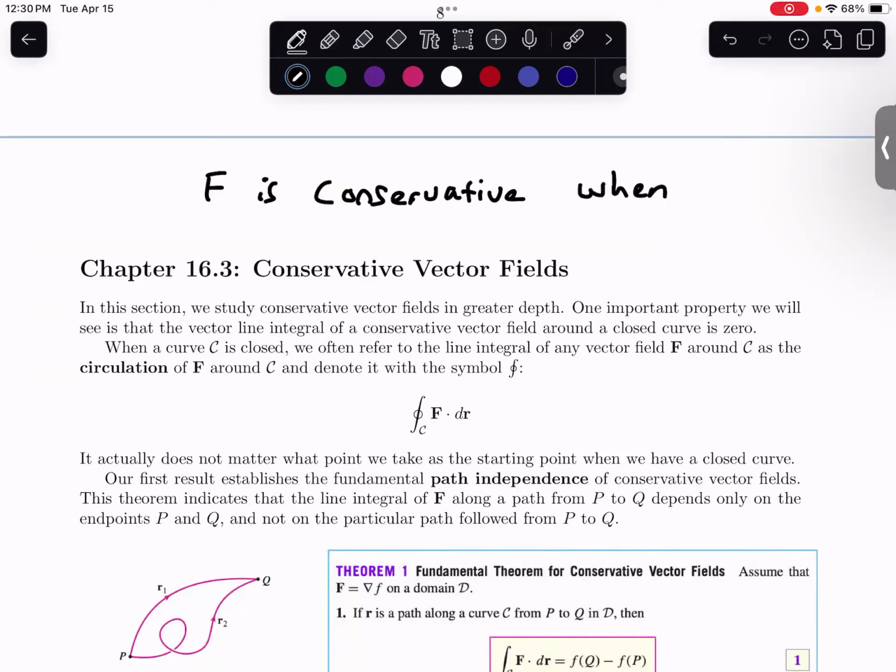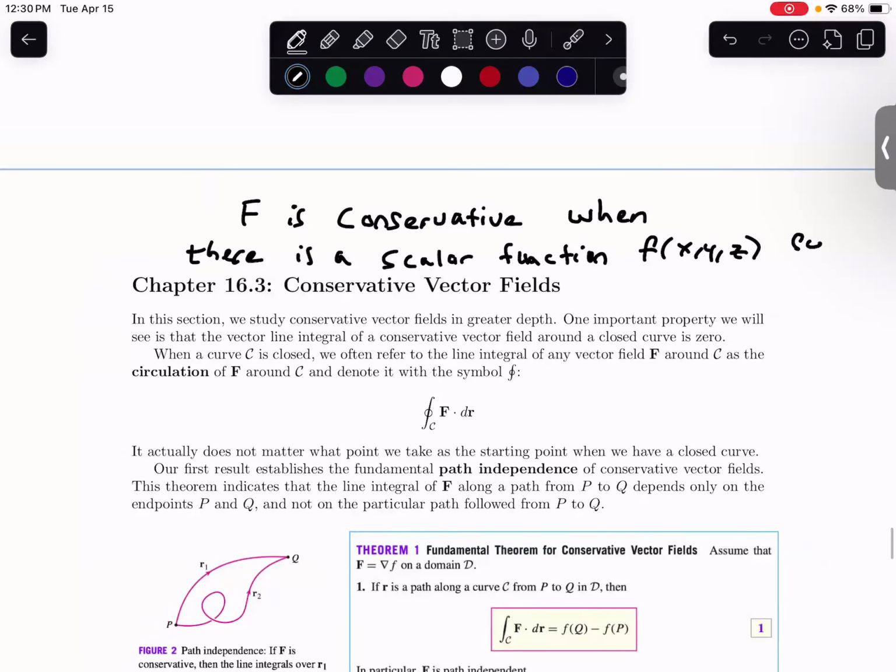So we say F is a conservative vector field when there is a potential function, or I should say a scalar function, little f, say f of x, y, z. And the important thing about a conservative vector field is that the gradient of f is equal to the vector field, right?